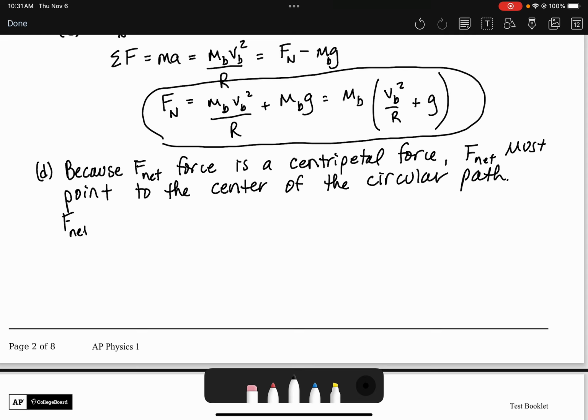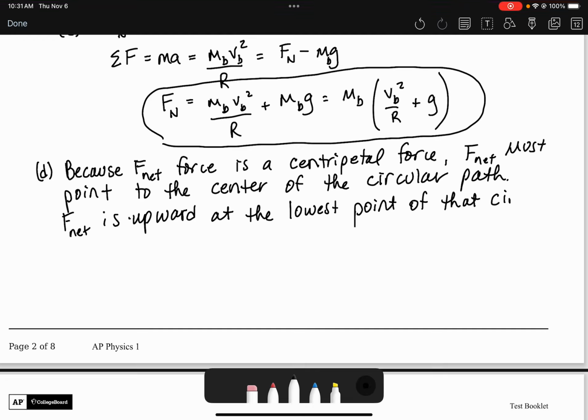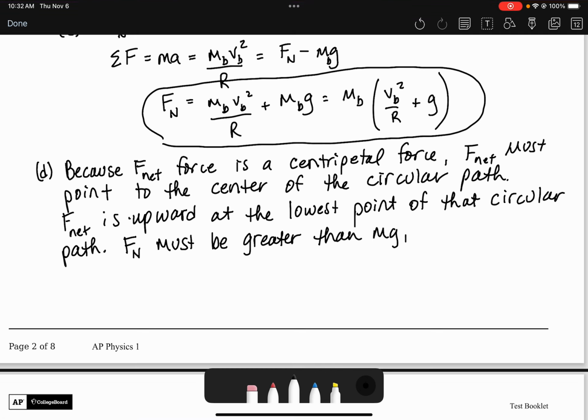F net is upward at the lowest point of that circular path. So that means that Fn, the normal force, must be greater than mg, which is consistent with my derivation.